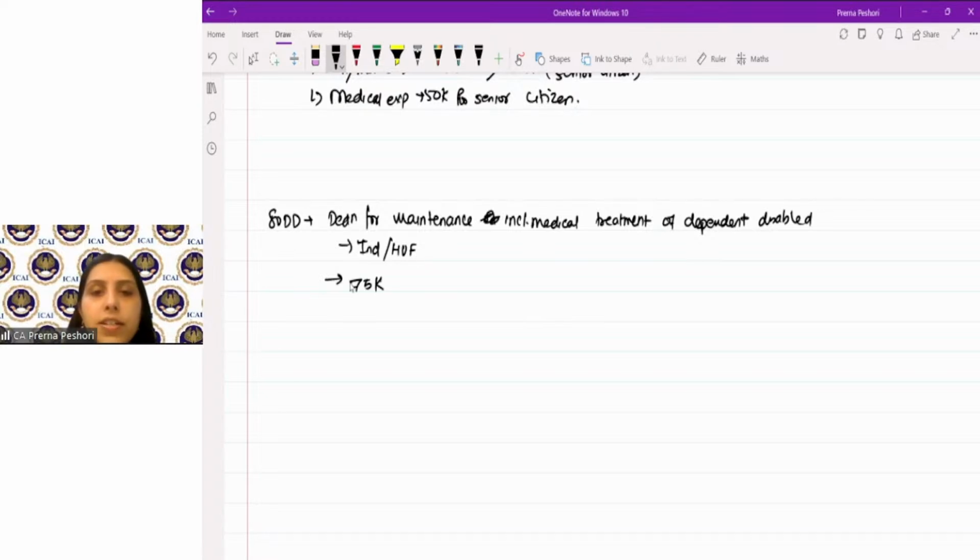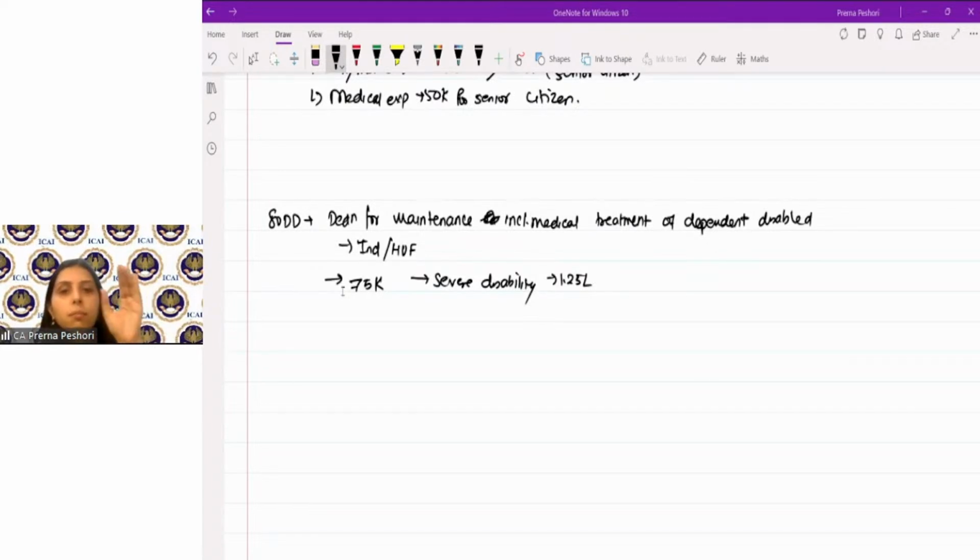In case of severe disability, this goes to 1.25 lakhs, 1,25,000. However, you cannot claim the deduction like this only. You need to furnish a copy of the certificate for the person with disability. So then only this will be allowed. Now, who is a dependent?